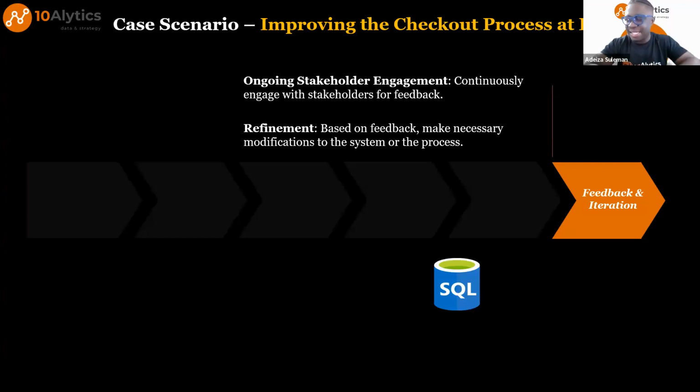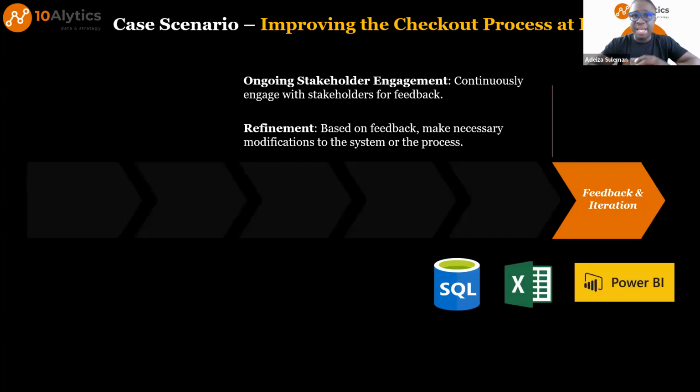How do you access the database to get the data that you need to understand if you are improving or not? All right. You'd also need to build dashboards, carry out analysis using different analytic tools from Excel to Power BI to help you visualize and understand exactly what is happening, where to make changes, where to improve.